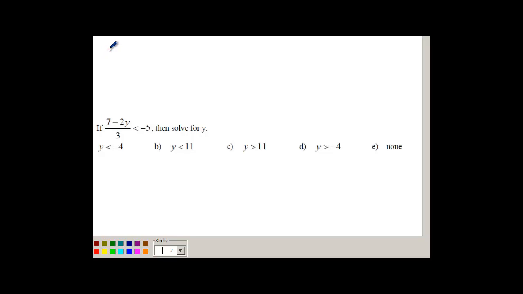Here we have an inequality. So we have 7 minus 2y over 3. Victor, if this were an equation, do you know how to solve this equation? This one's familiar, but I currently... Oh, is this like a cross?